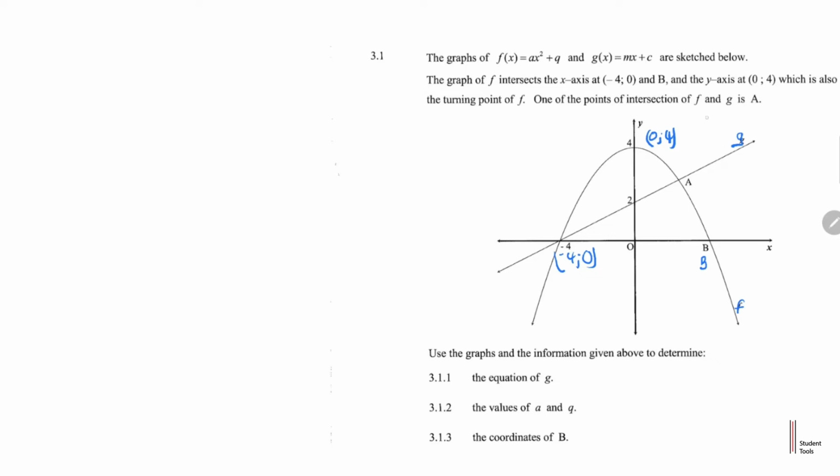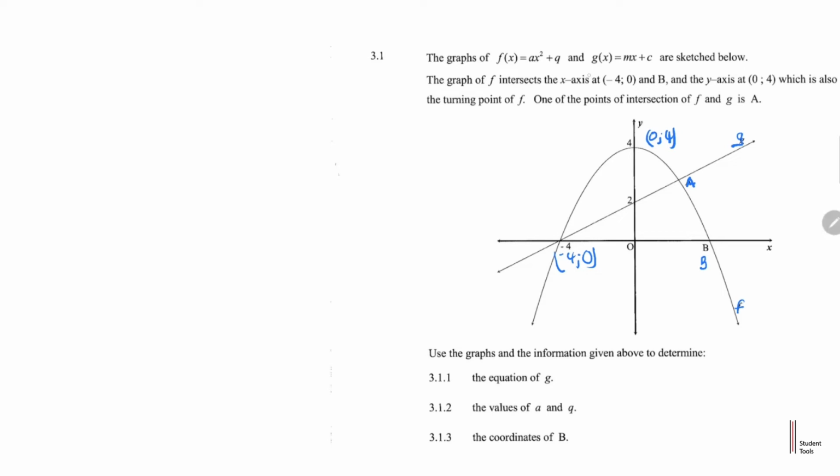We are also told that graph f and g meet or intersect at point A, this one. So we have some questions below the graphs. Use the graphs and the information given above to determine the equation of g. So we are supposed to determine the equation of the straight line g.